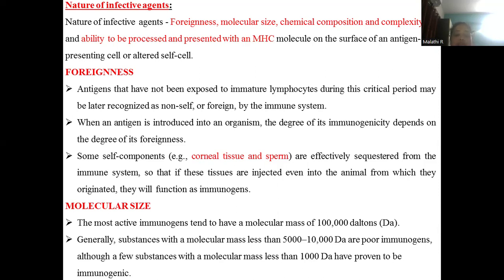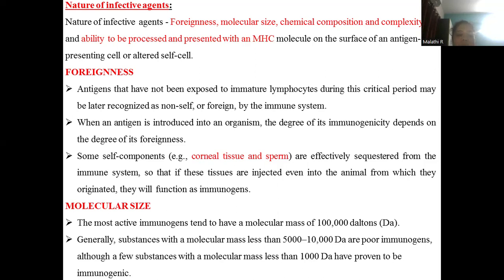Self components like corneal tissue and sperm are sequestered from the immune system, so if you inject them, they will react as immunogens. Otherwise, all normal biological cells are considered self cells. The immune response recognizes only non-self cells or particles, so non-self particles are very effective infective agents.